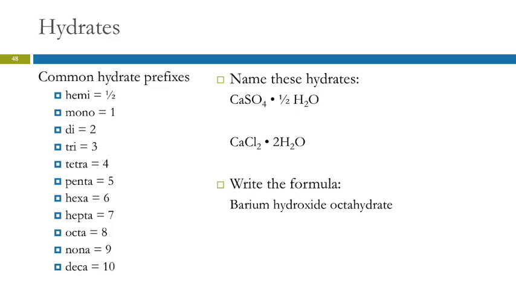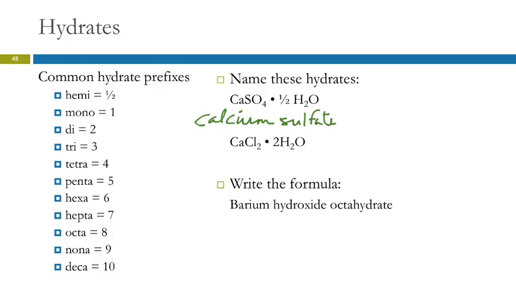So let's look at this one, CaSO4 dot 1/2 H2O. First, name the ionic part. Calcium sulfate. So it's calcium. It doesn't need a Roman numeral, so it's just calcium. Sulfate. Oops.